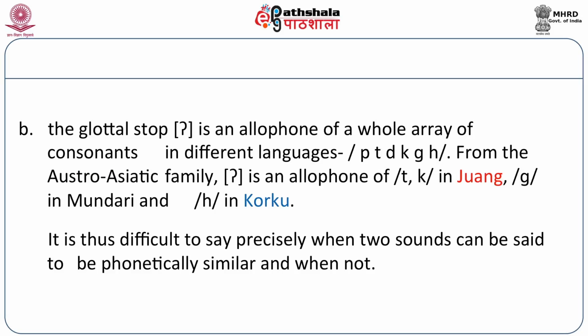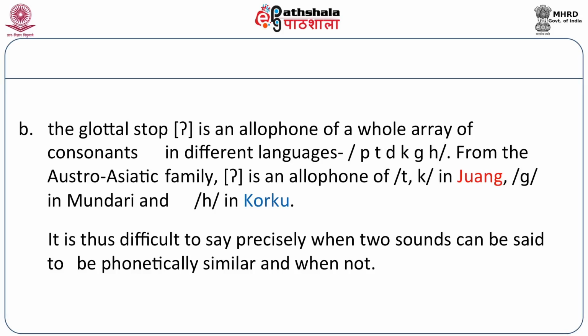Then, in many languages, the consonants pa, ta, da, ka, ga, ha, any of them have the allophone glottal stop. Now, the glottal stop and these consonants are not phonetically very similar.